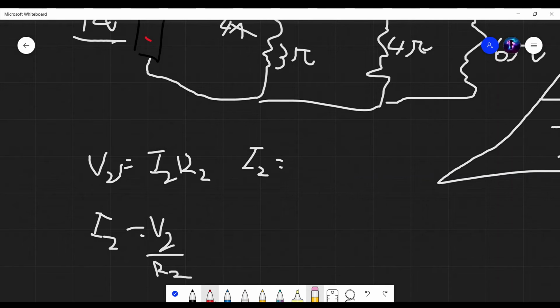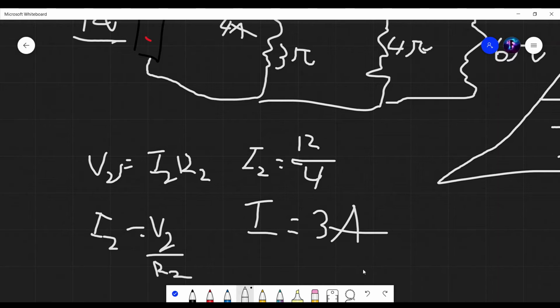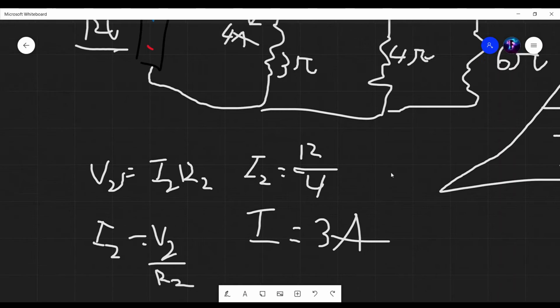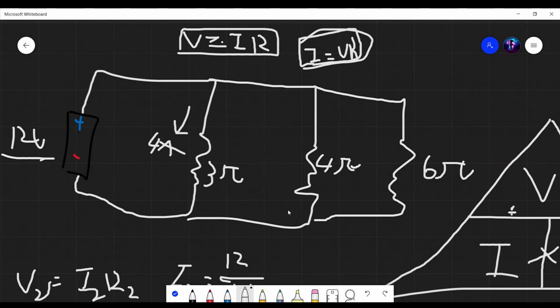So I2 would equal the voltage, 12, divided by R, which is resistance, which is 4. And so the I would equal 3 amps. And if I scroll up again, I'm going to write it here. It is going down 3 amps.